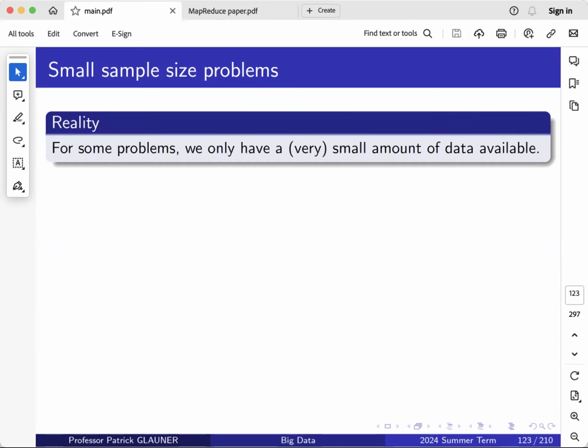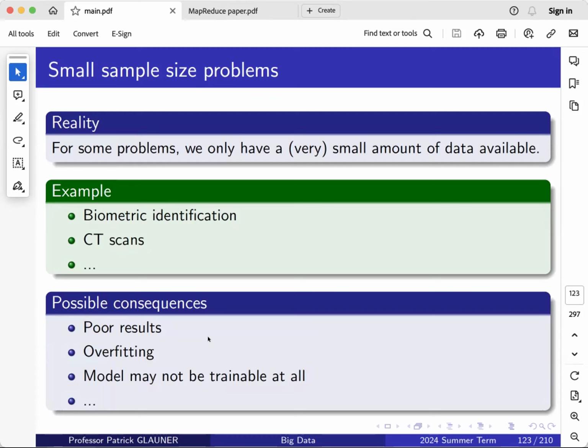You could, for example, do data set augmentation, meaning you take your data set and you add some variation to it. So you copy examples and you add variation, and then you artificially create more data, more samples. All of this could be done in order to address the overfitting or the poor results.